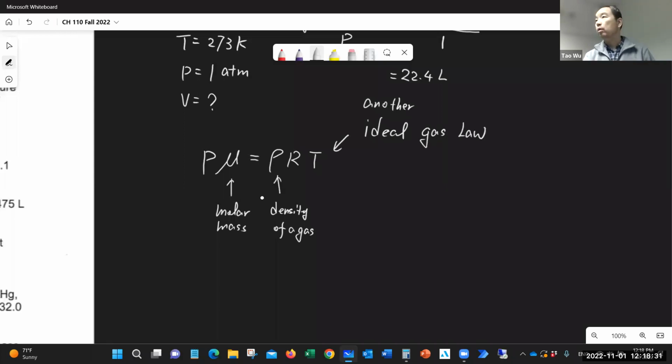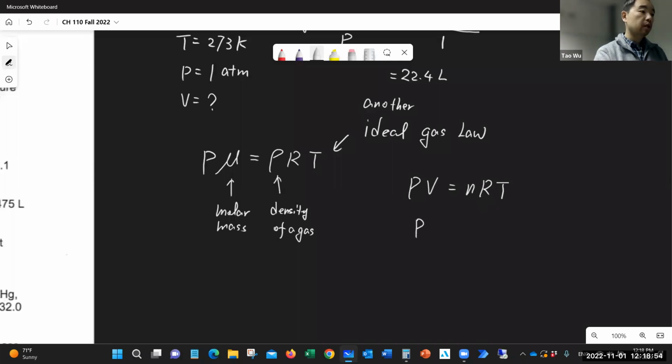This equation actually comes from PV equals nRT. So what do we do? First of all, we divide by V, the volume, on both sides.